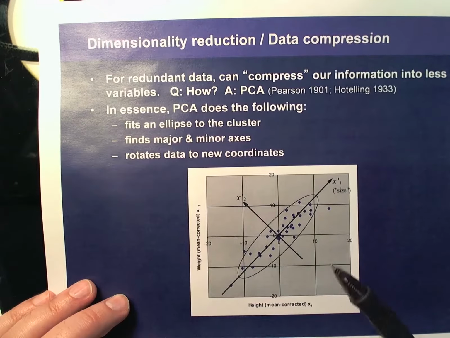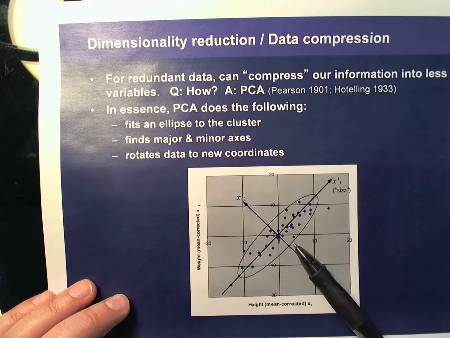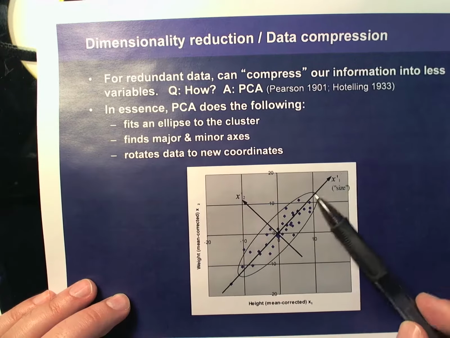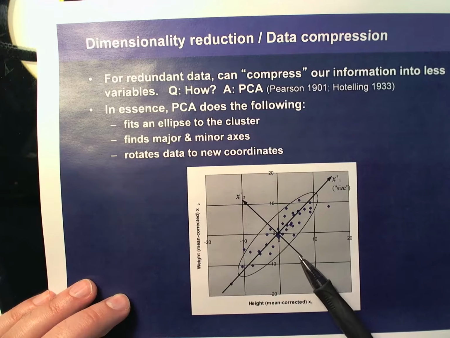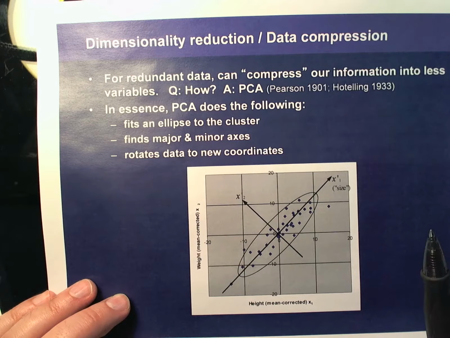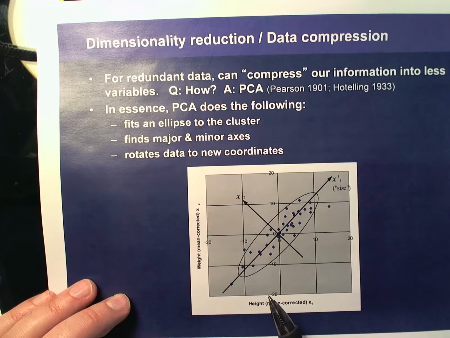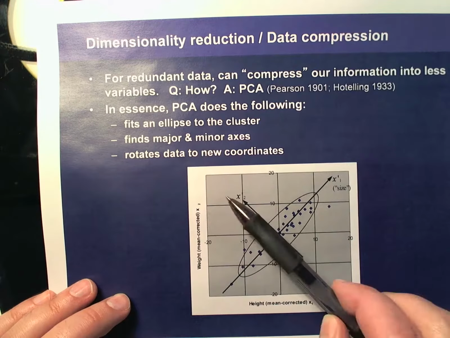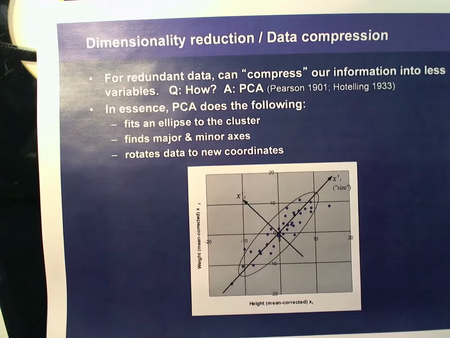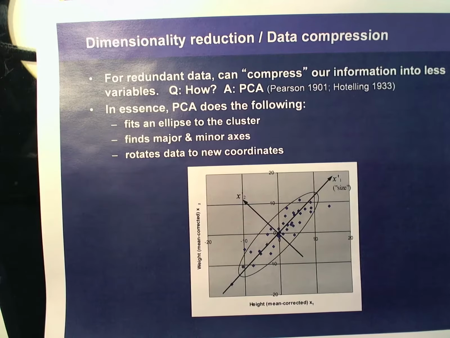Okay? If we can determine this ellipse, which way it's tilted, and you see this one is tilted along the diagonal, then we can find its major and minor axes. Once we find the major and minor axes, we can rotate the coordinates that we use to describe each point to be along those axes. And once we do that, we'll find that we have a good way of compressing.